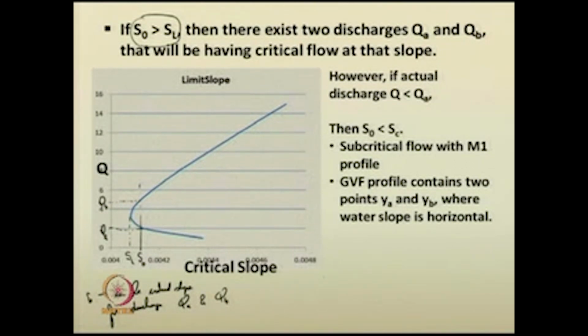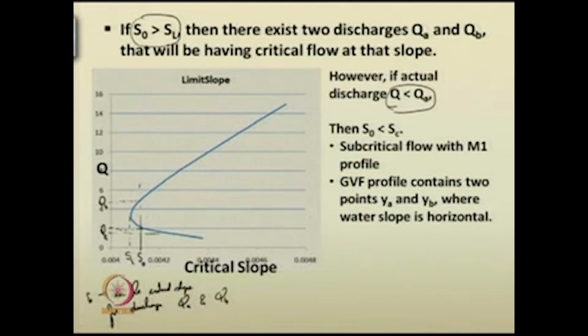So, how can you observe the transitional profiles in such situations? It depends on what your actual discharge Q is. Say your actual discharge Q is less than QA, even though your bed slope is S0. From this graph, when do you think Q can become less than QA? It can become less than QA only if the corresponding slope is greater than S0, right.